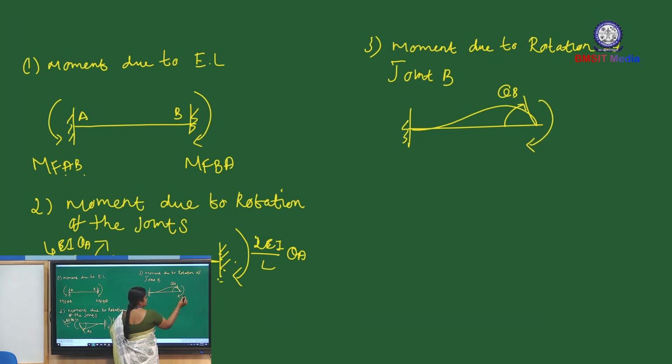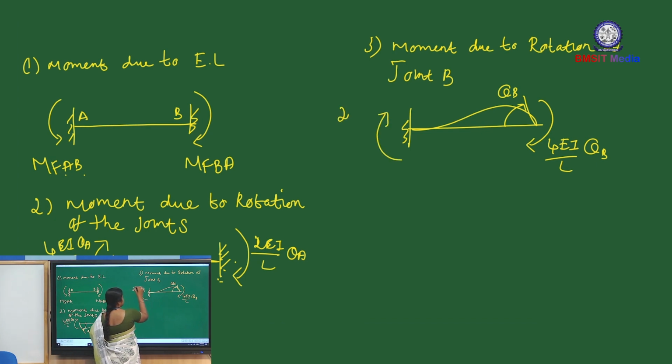This moment equals 4EI divided by L theta B. Here the name of the rotation is theta B. Due to this rotation, some moment will be induced at the far end also. That is 2EI divided by L theta B.